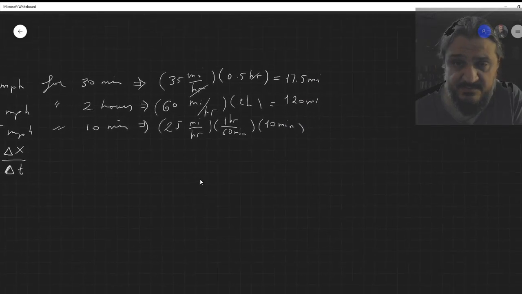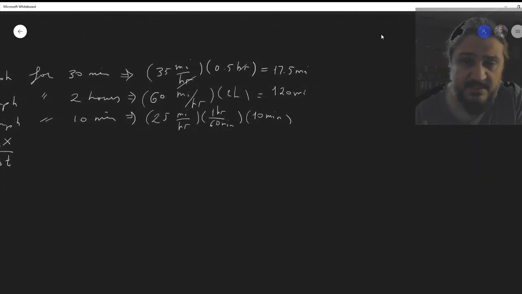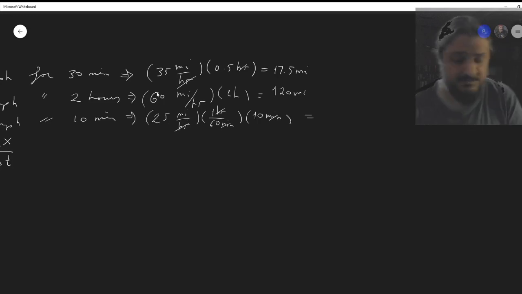Okay, so let's move that a little bit here. All right, so the answer will be in miles. Just divide 250 by 60, or 25 by 6. That is 4.17 miles.